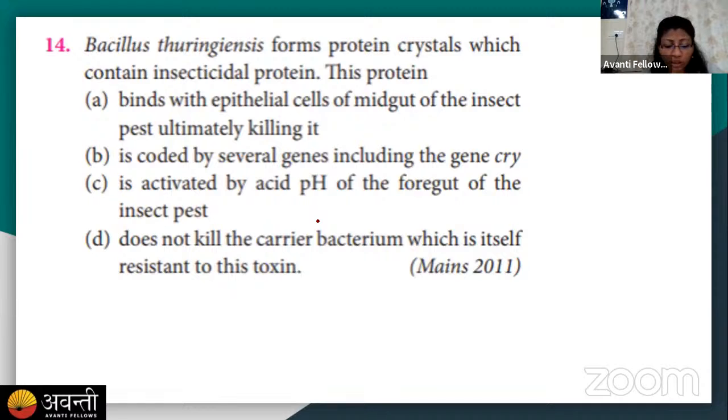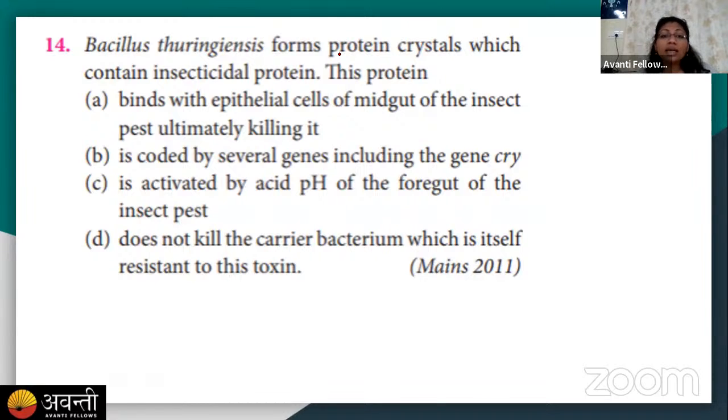So next we are moving towards our 14th question. The 14th question says, the Bacillus thuringiensis forms the protein crystals which contain the insecticidal proteins, and you have to find out the correct statement regarding this protein. Option A says binds with epithelial cell of midgut of the insect pest, ultimately killing it.